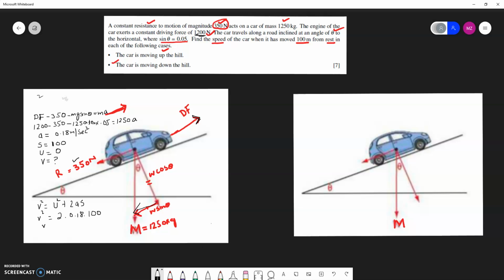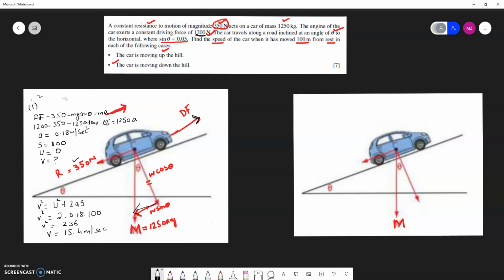So V square is equal to, you need to multiply all these values, you will get 236, and by taking the square root you will get the value of V, and that will be equal to 15.4 meter per second. So this is our first part in which the car is moving up the plane.